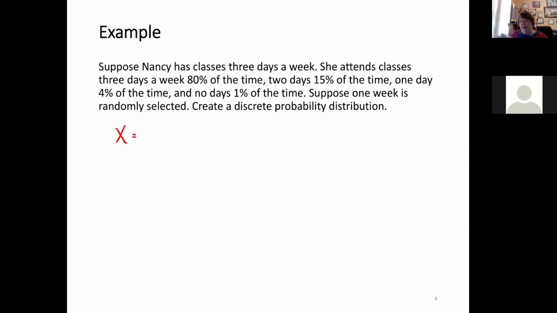We're interested in the number of days that she attends class during this randomly selected week. So what we're interested in is the number of days Nancy attends class per week.